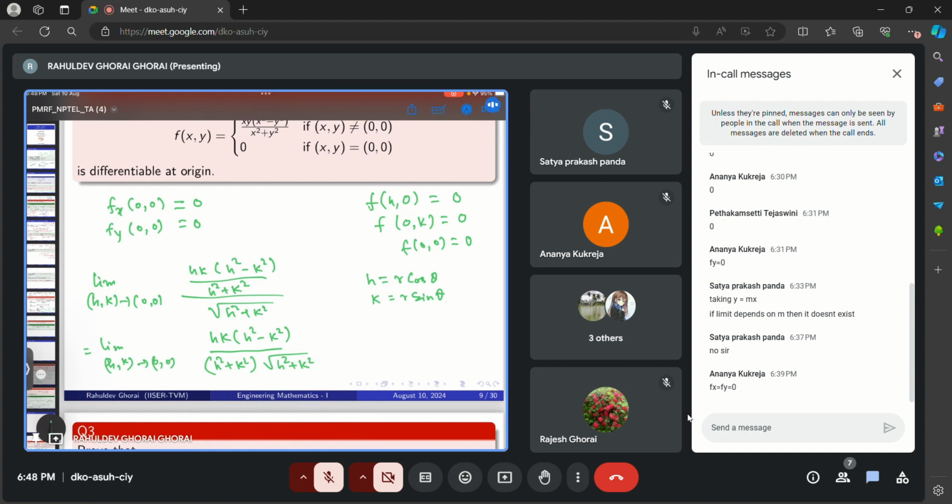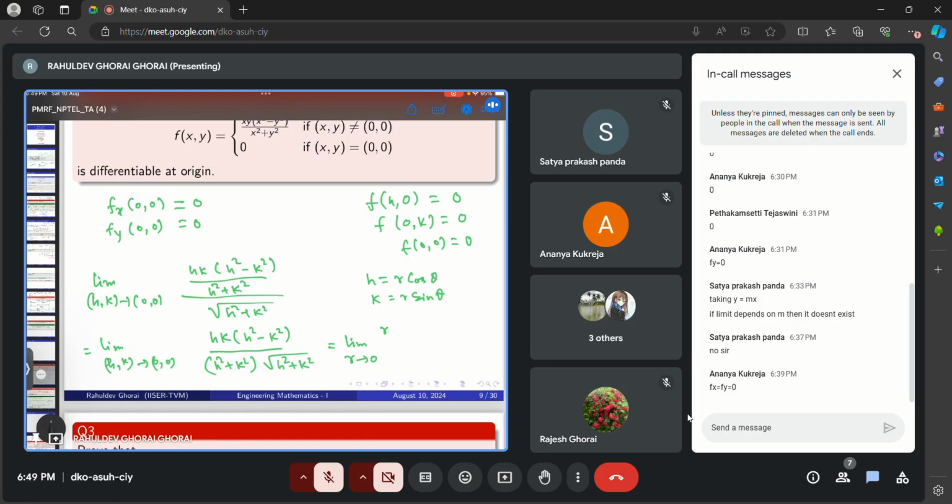I'll tell another route also for how to show the limit. If you take this, only r tends to 0 is enough, right? When you change the Cartesian coordinates to polar coordinates, (h,k) tends to (0,0) implies r tends to 0, and r tends to 0 implies (h,k) tends to (0,0).